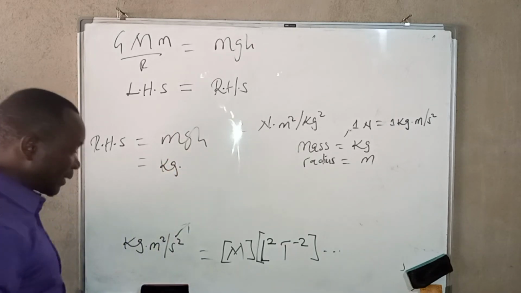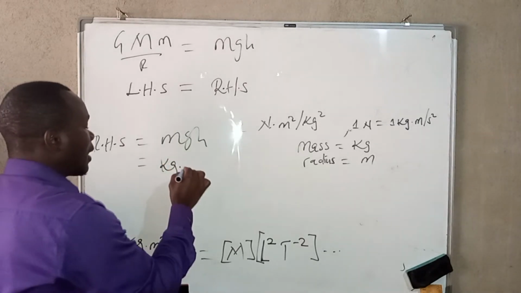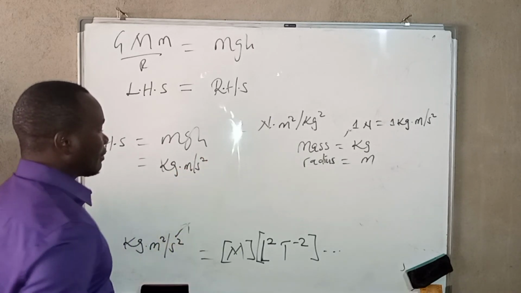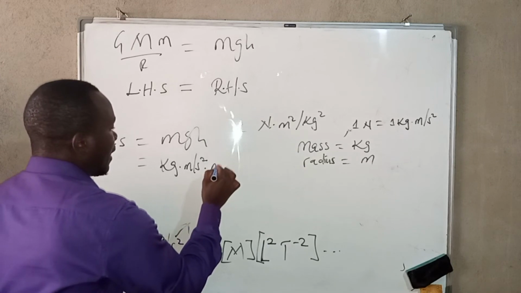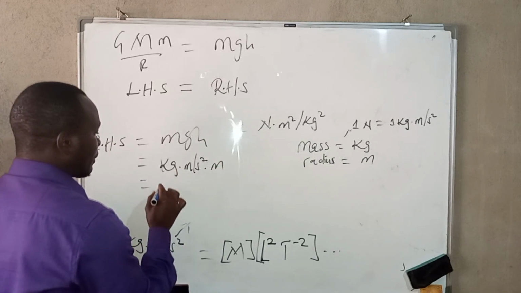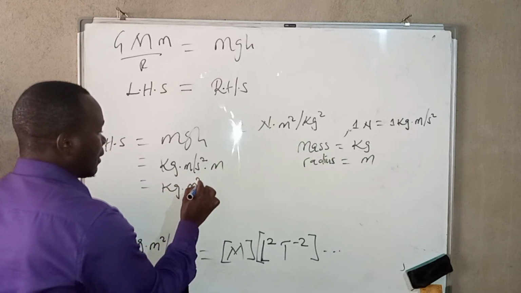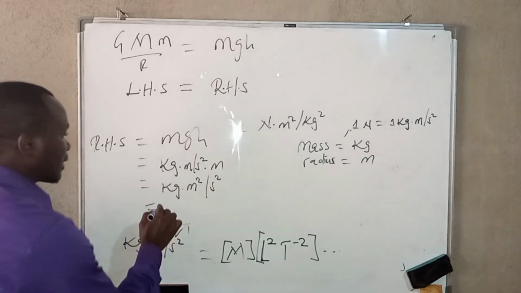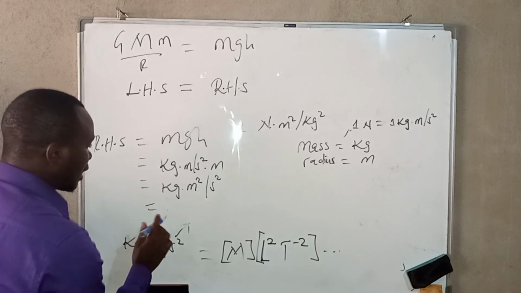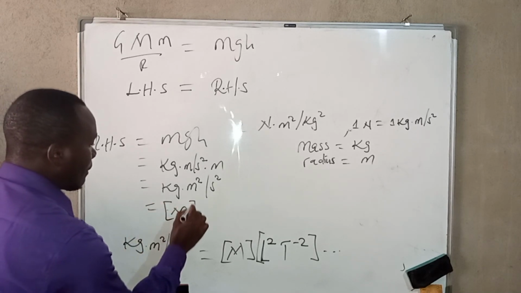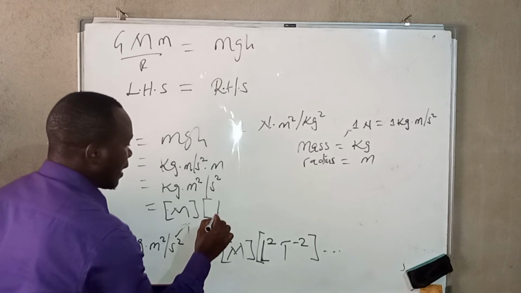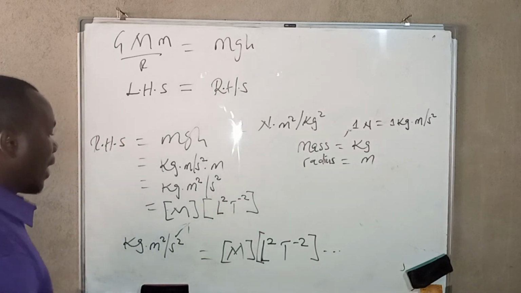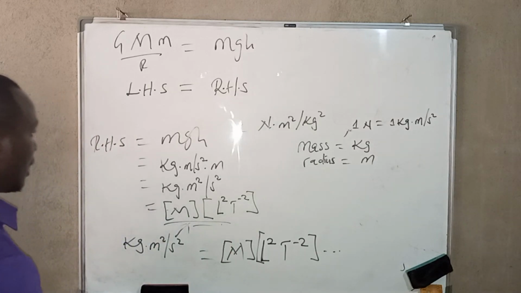Then g is the acceleration due to gravity or gravitational field strength, which is given by meter per second squared, then h in meters. Meter and meter will multiply, so we have kg meter squared per second squared. And in terms of dimensions, we have M, then L squared, then T to the power -2. And this is on the right.